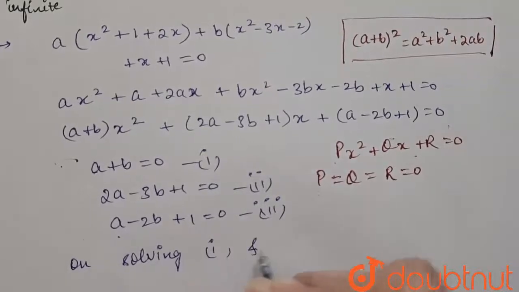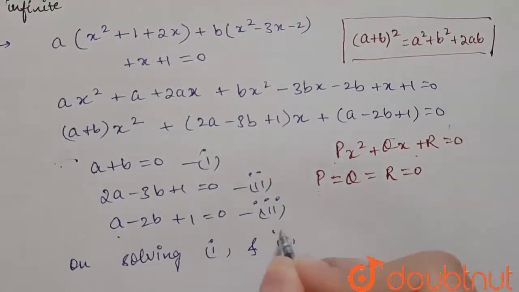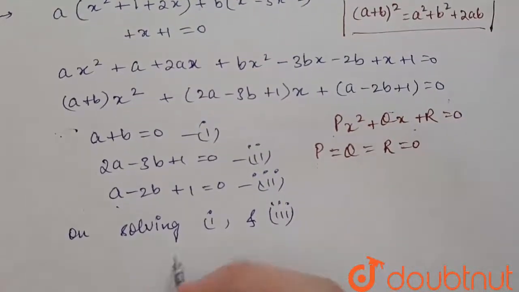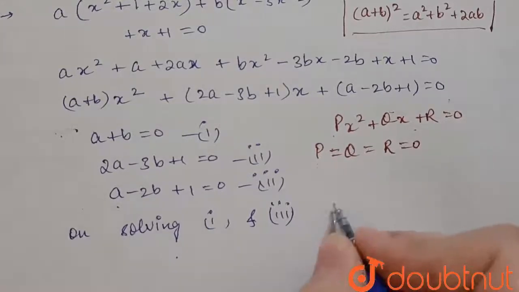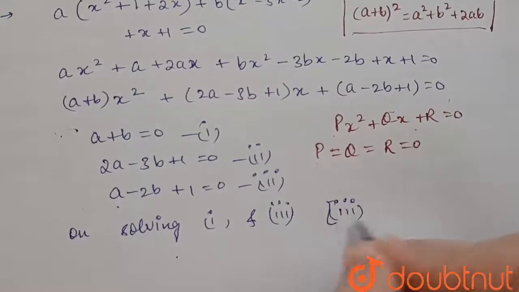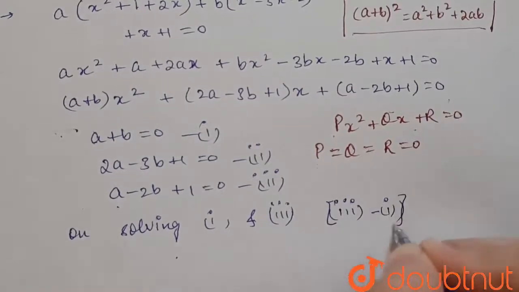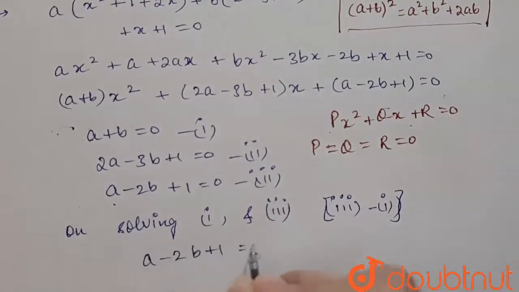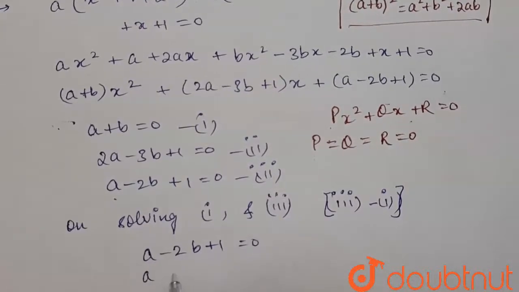On solving 1 and 3, we are going to subtract 1 from 3. So a - 2b + 1 = 0 and a + b = 0.